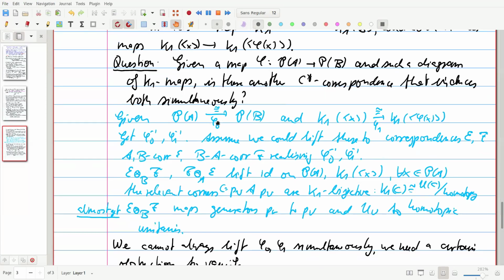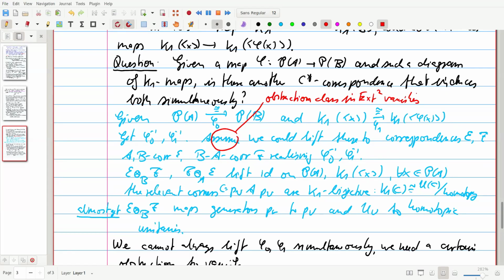So if I have these maps phi 0 and phi 1, and now I should add something, namely I know that the obstruction class vanishes. So assume this, this assumption means that the obstruction class in X2 vanishes.